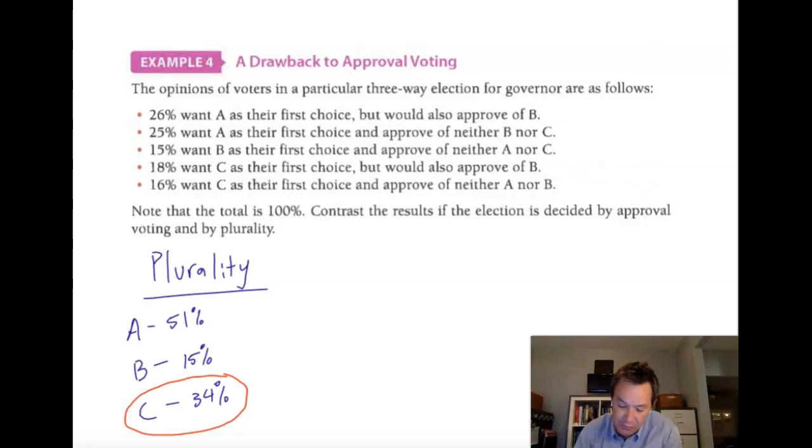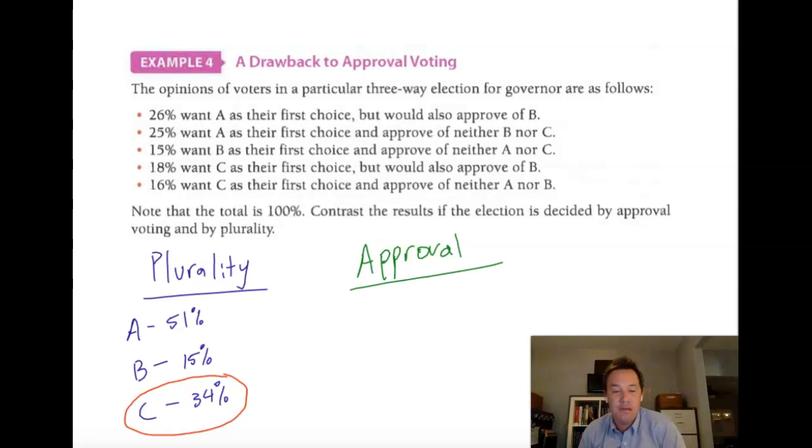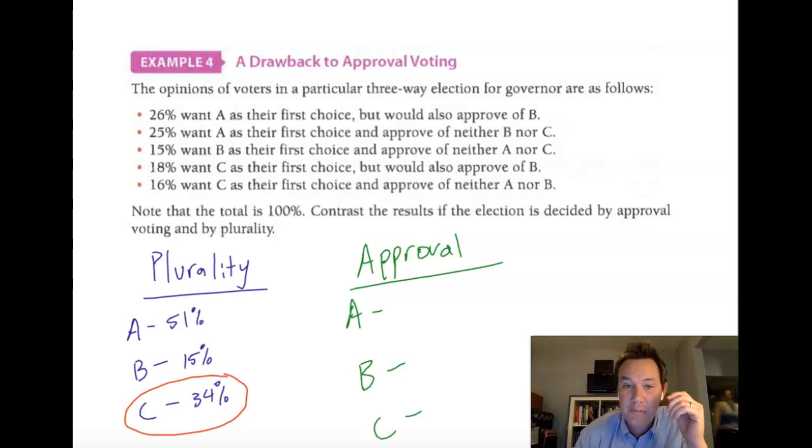So now let's look at approval. If a candidate is wanted by a group as their first choice, it's understood that they are also approved of. So A, B, and C. 26% want A as their first choice, so A is approved of here.